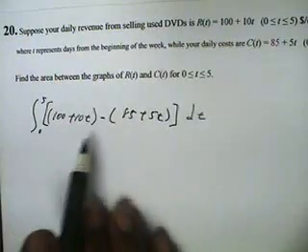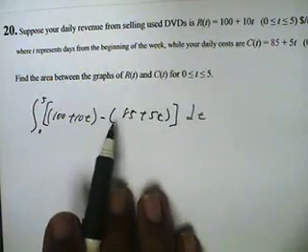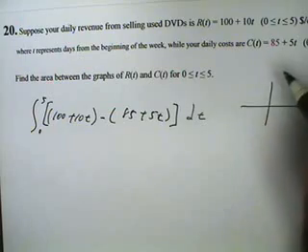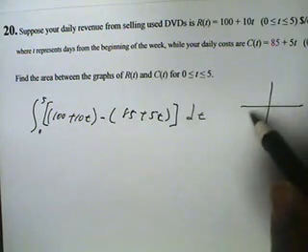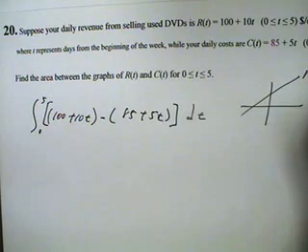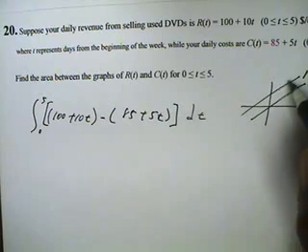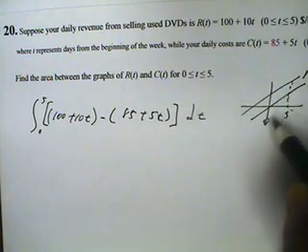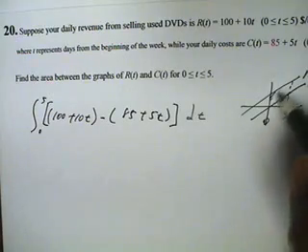Okay, so area between those two curves. And again, I know my revenue is exceeding my cost function. That's why I made the revenue function the upper function and the cost function the lower function.